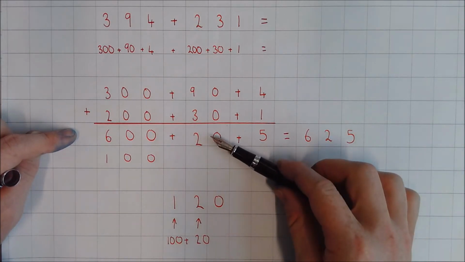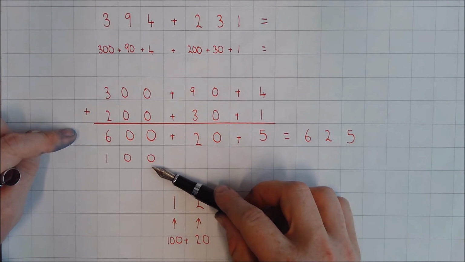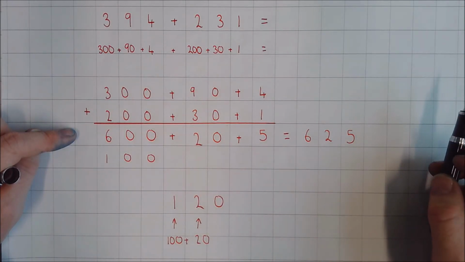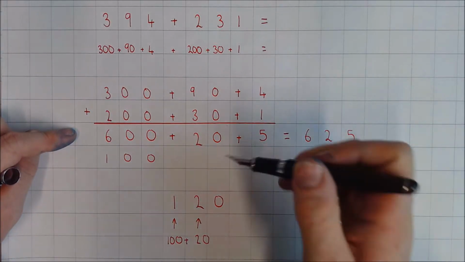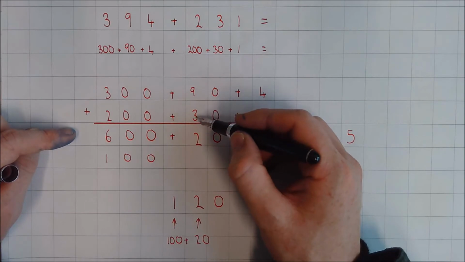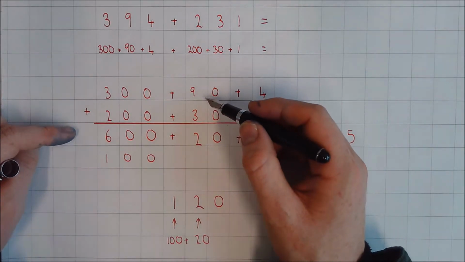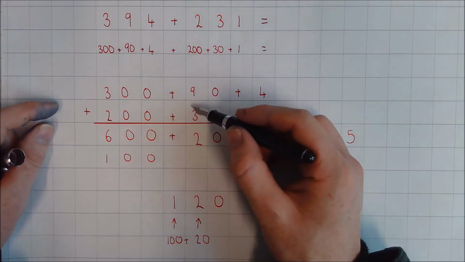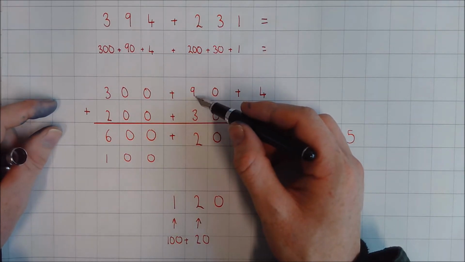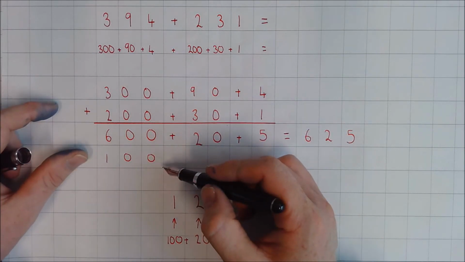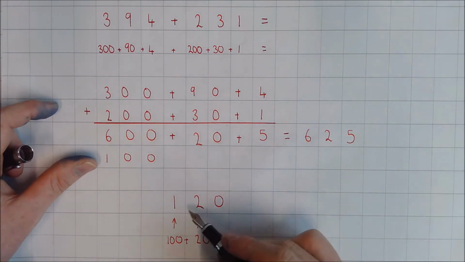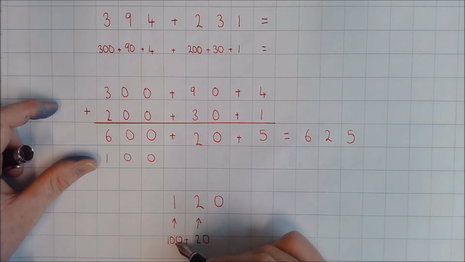Can you explain to me why I had to regroup or exchange? That's right, we had 90 and 30. The biggest digit we can have in any column is a 9, which we actually already had. And 9 tens and 3 tens is 12 tens, and 12 tens is 120, which is made from 100 and 20.